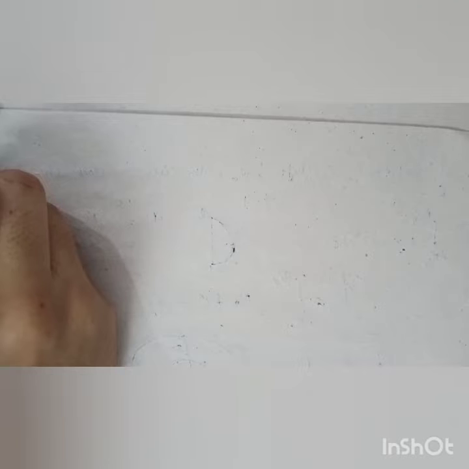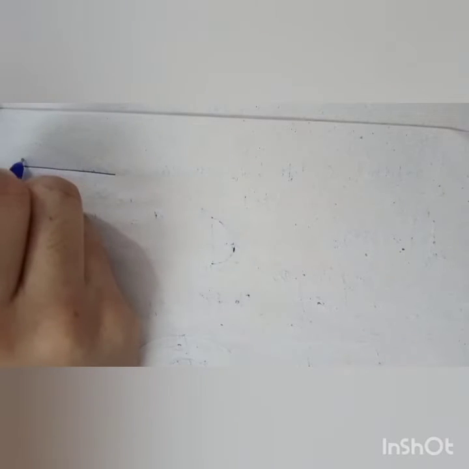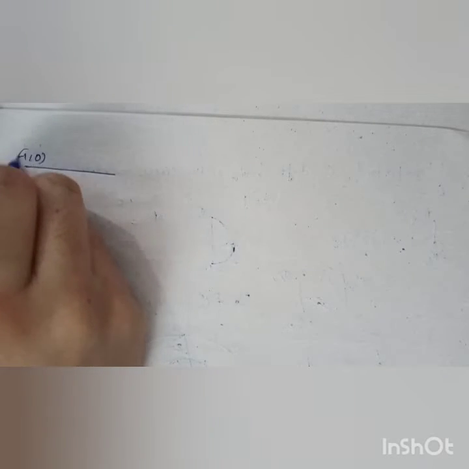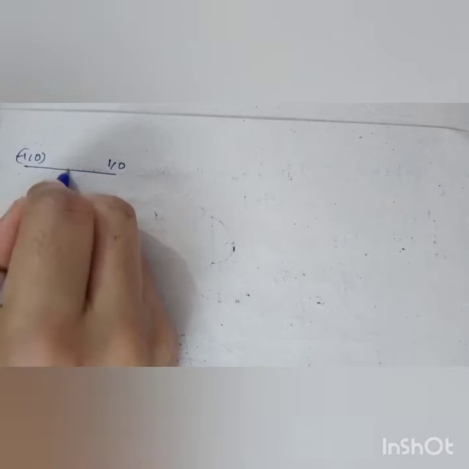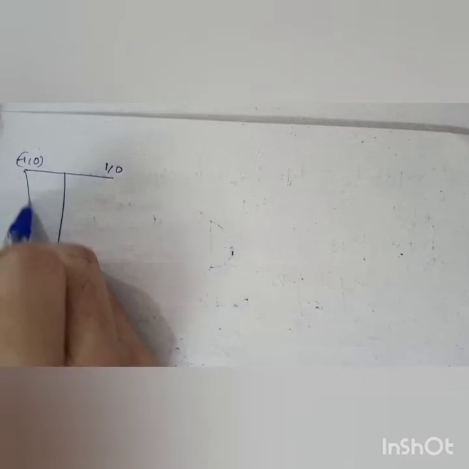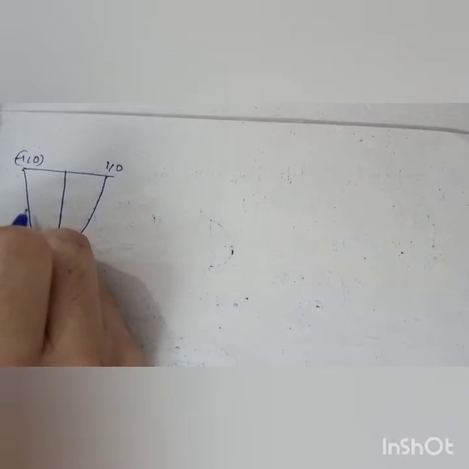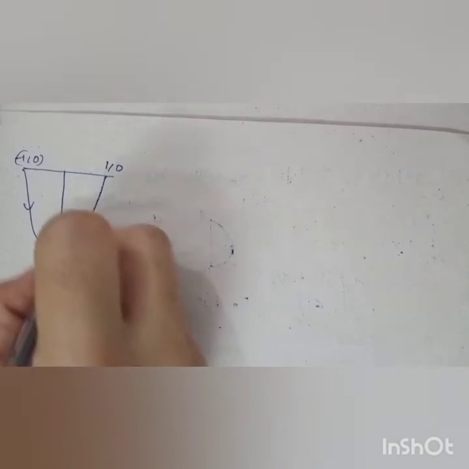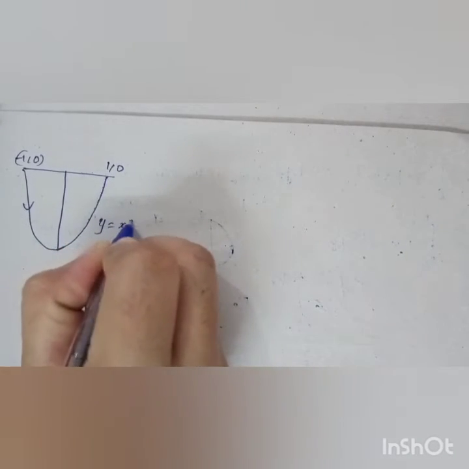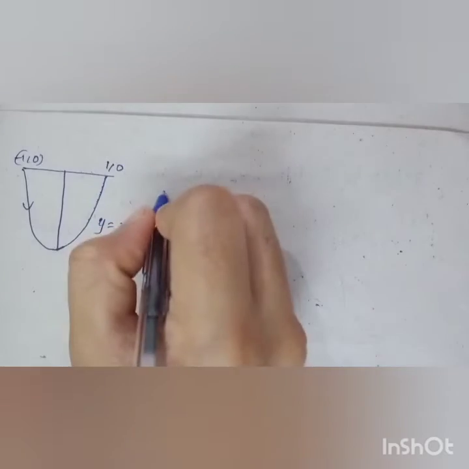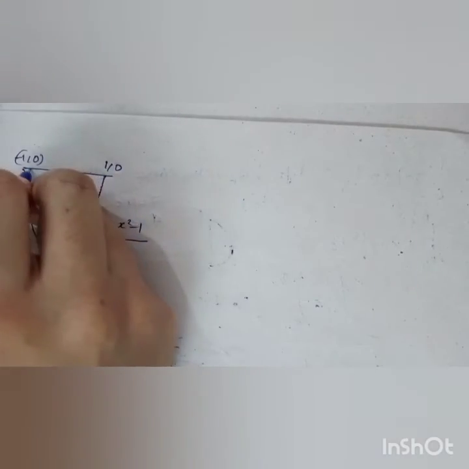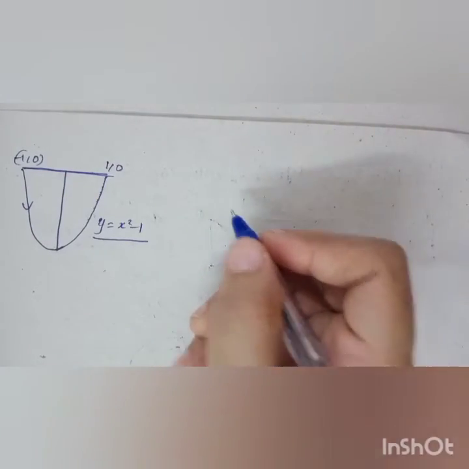This is another question, that is, the curve is going like this, so y is equal to x square minus 1. We know that it is an analytic function.